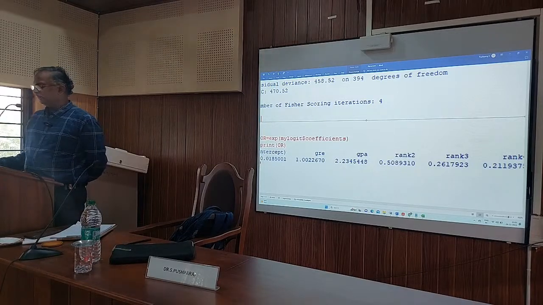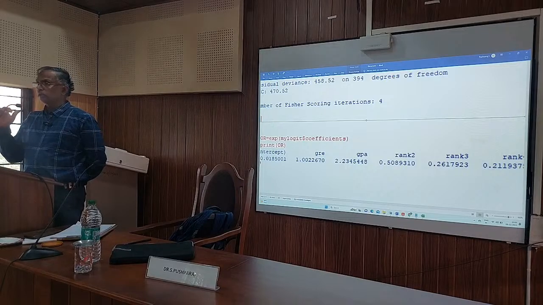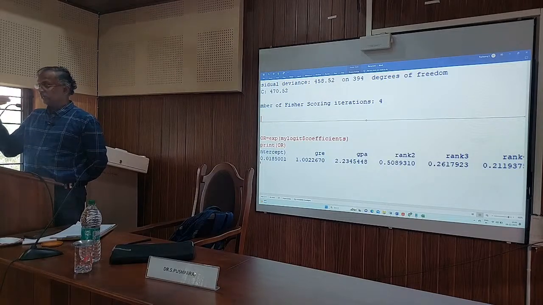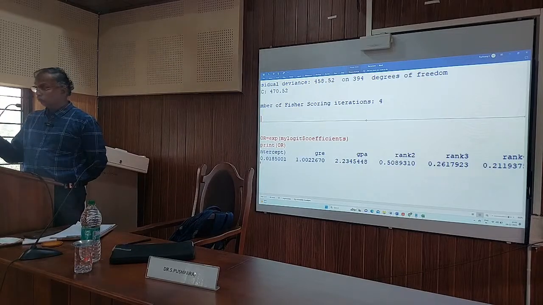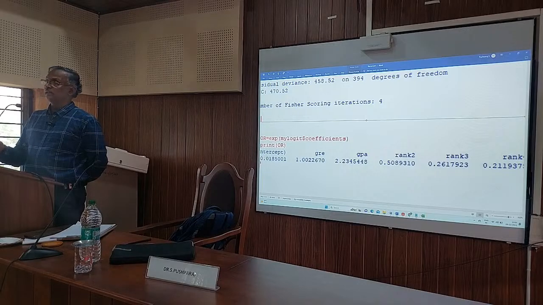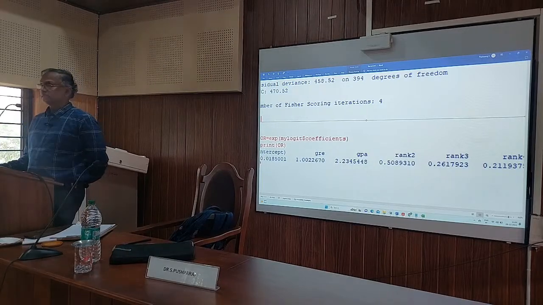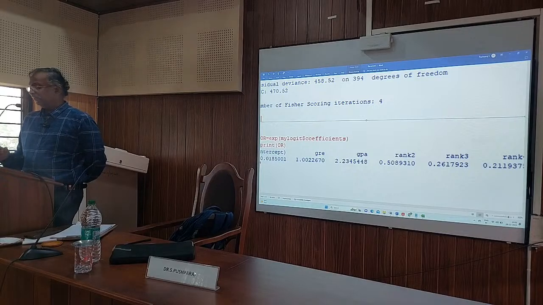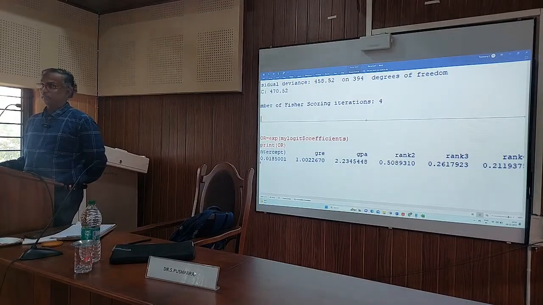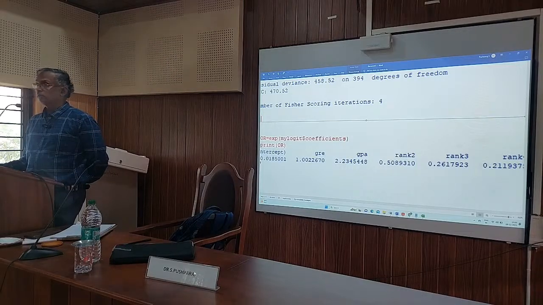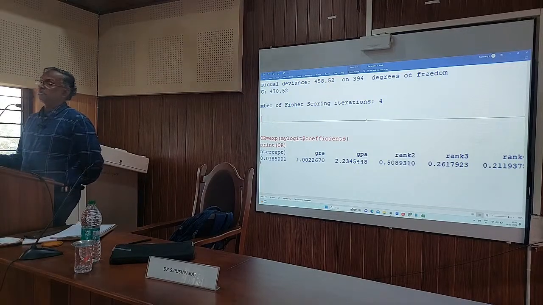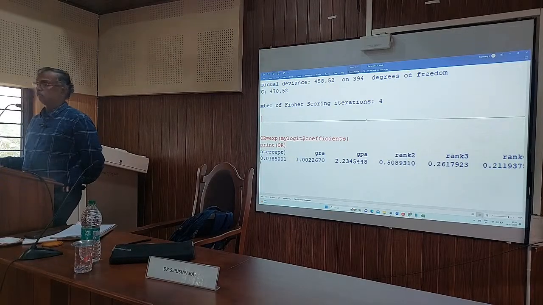If the GPA increases by 1 unit, the odds of that person getting admitted increases twofold, 2.23 times. If that person belongs to the second category, the odds decrease to 0.5. If the first person has the odds of winning 1, the second category odds of winning is 0.5.